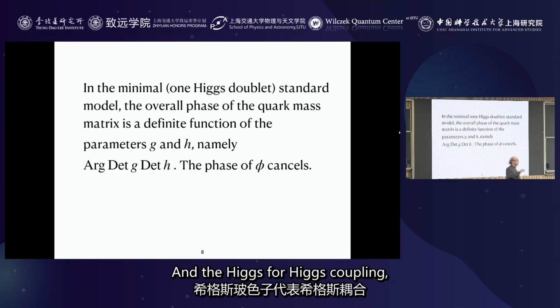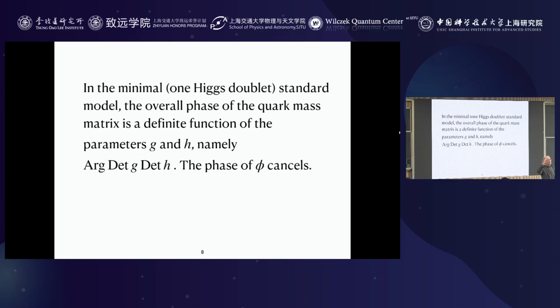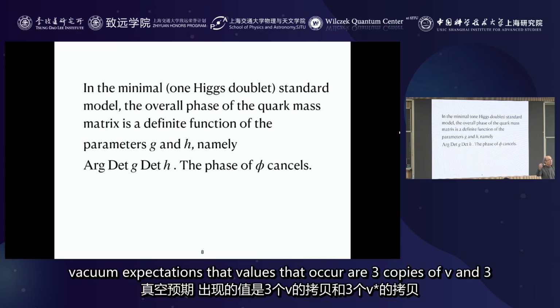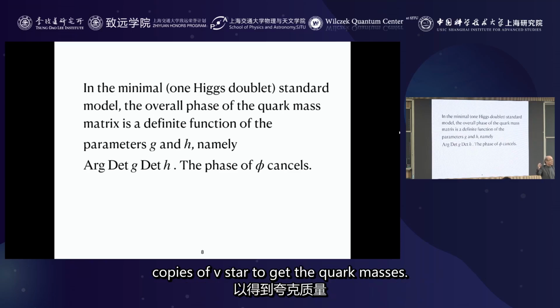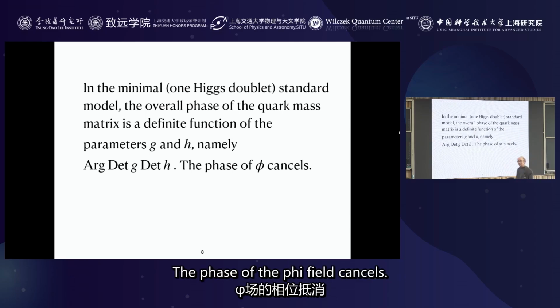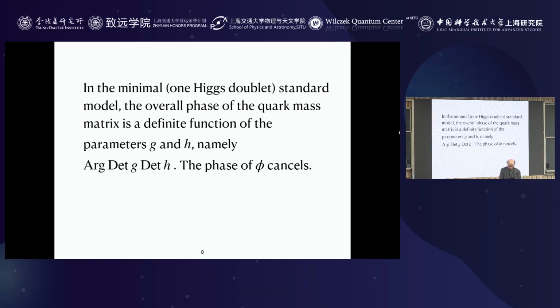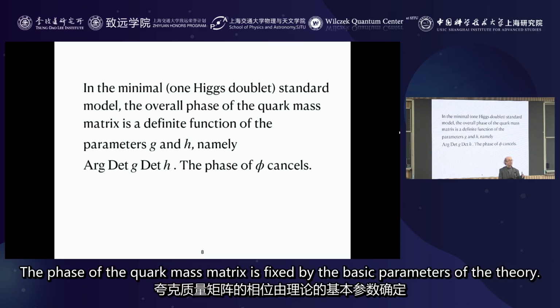And the Higgs couplings, the vacuum expectation values that occur, are 3 copies of V and 3 copies of V star to get the quark masses. So the phase of the phi field cancels. Okay. So the phase of the quark mass matrix is fixed by the basic parameters of the theory.